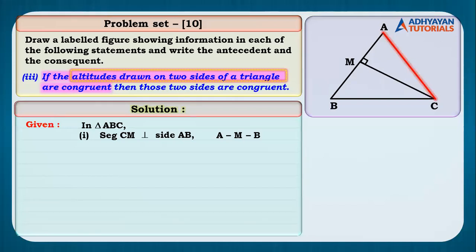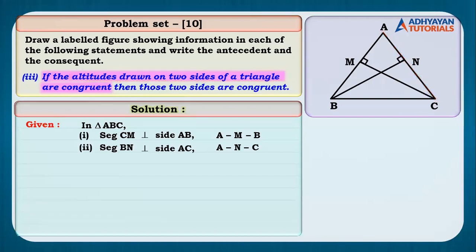Vertex B. So we draw a perpendicular from there. The name of this perpendicular is BN. So we write in the given part, segment BN is perpendicular to side AC. Also, there is this betweenness A-N-C. So this is the given part.